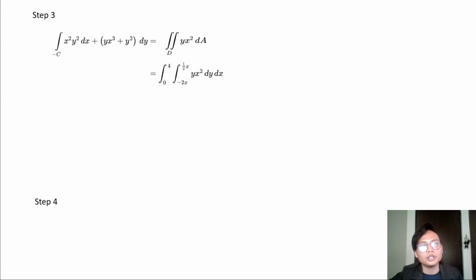So it will be 0 to 4 and negative 2x to 1 over 2 x of y x^2 dy dx.